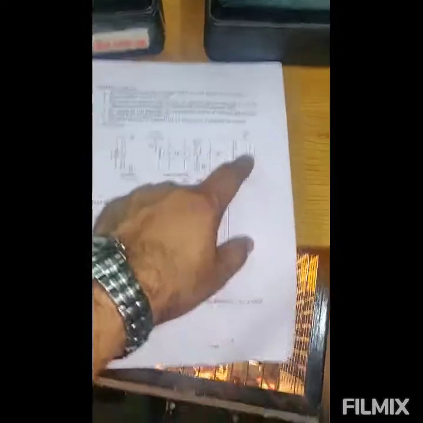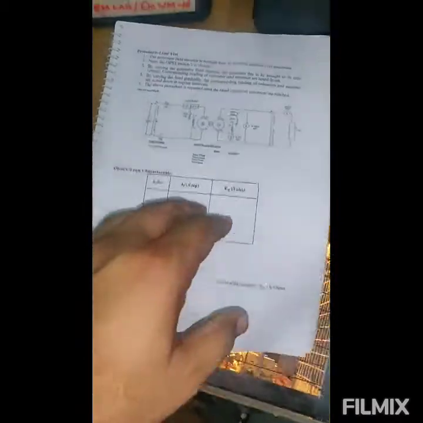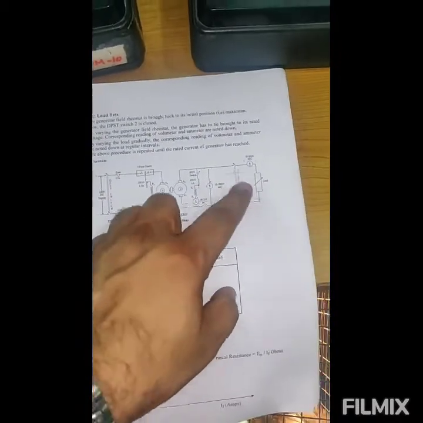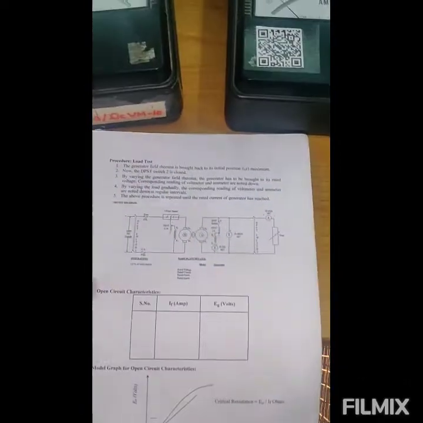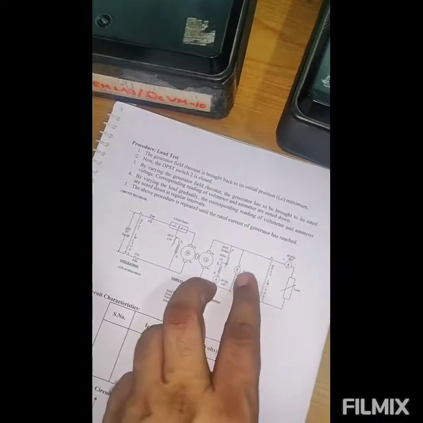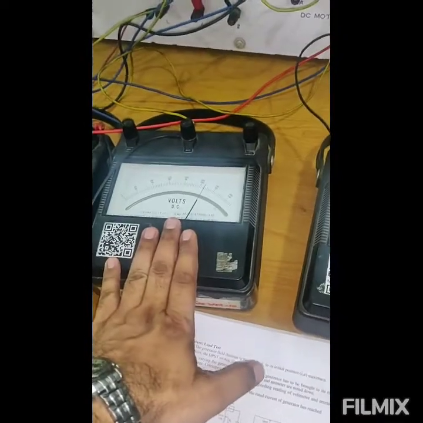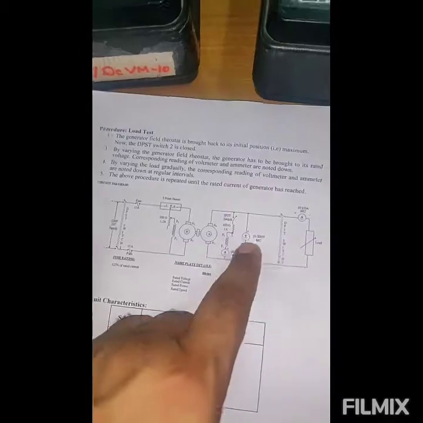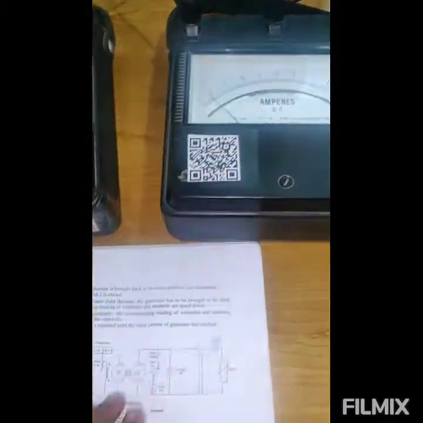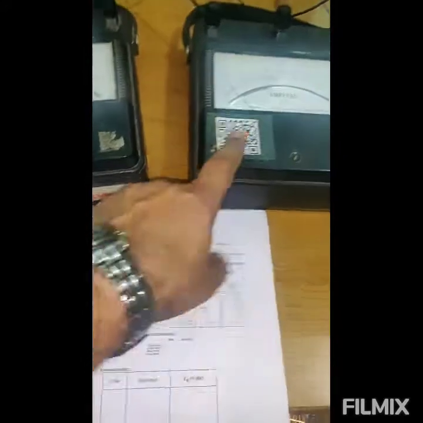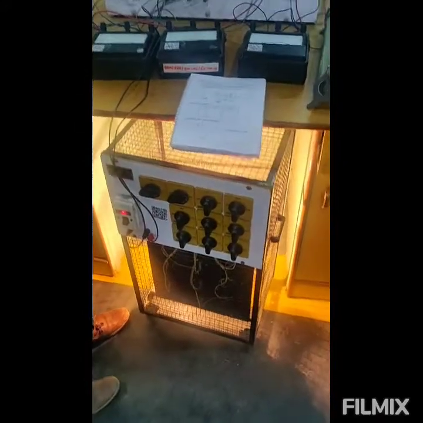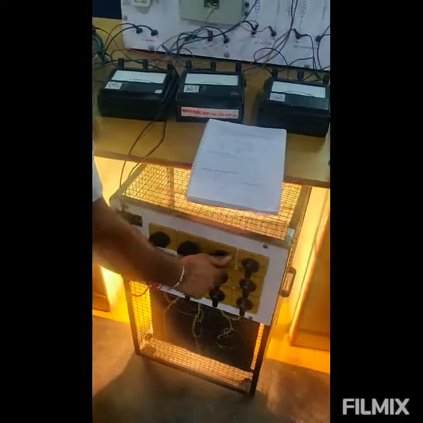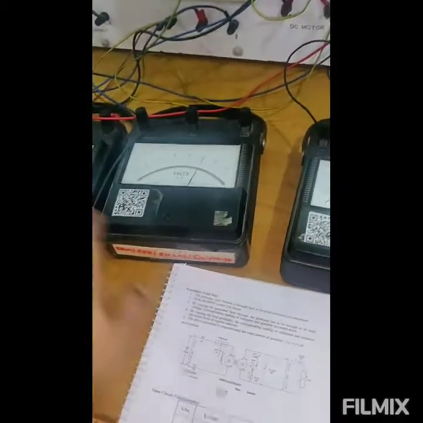Now if you put the load, you will definitely get some IL value, but for this the values of the ammeter and voltmeter will change. The value of this voltmeter will decrease, and the ammeter current value will decrease, right? Now step by step we will increase the load, and we will get different values of IL, which is the load current.